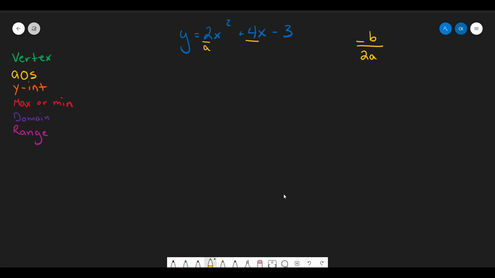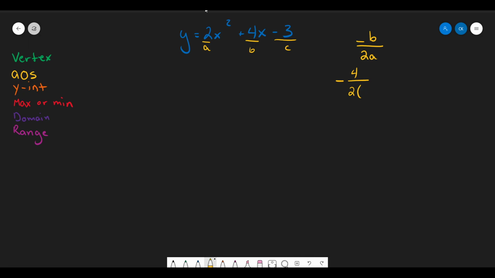The coefficient for the x, that's b. And the number by itself, that's c. So we have our a, b, and c. All we do is we plug it into negative b over 2a. So the axis of symmetry is going to be negative, b is 4, over 2 times a is 2.